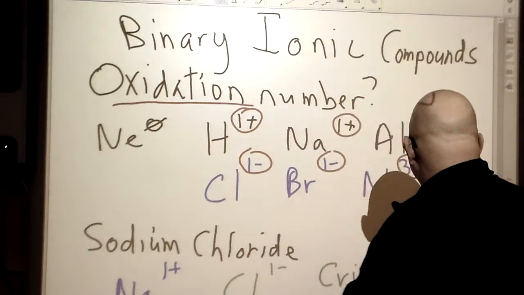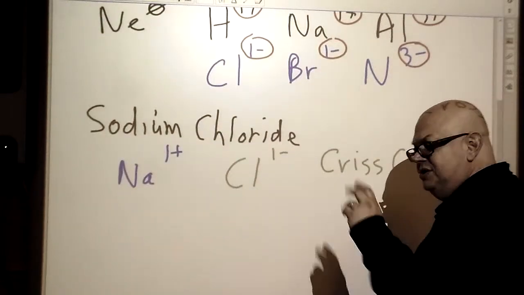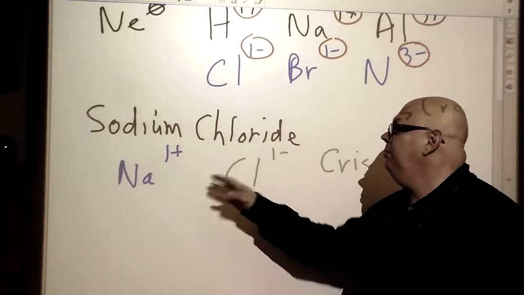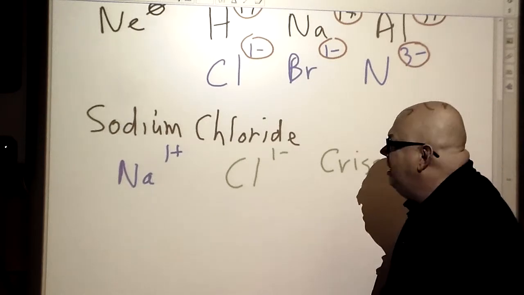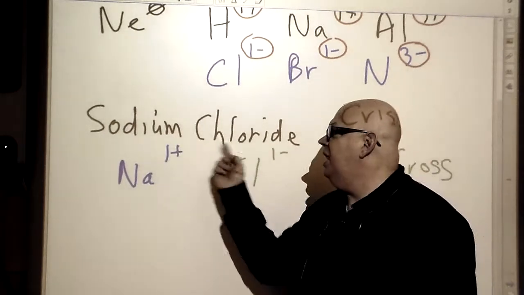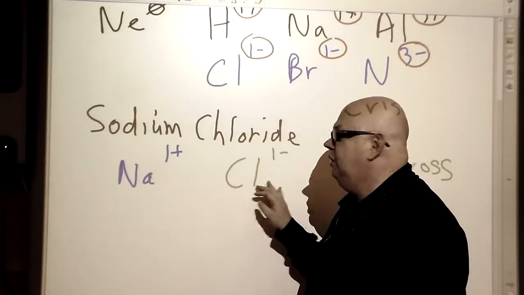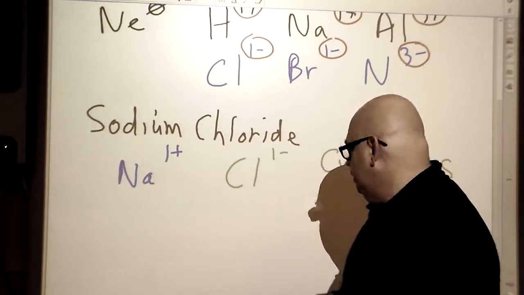There may be some exceptions that I can't think of off the top of my head, but for what we're working with, we're pretty much going to work with a metal and a non-metal. So where's the binary part in sodium chloride? There's the sodium, and we have the chlorine, which became a chloride because it picked up that electron.